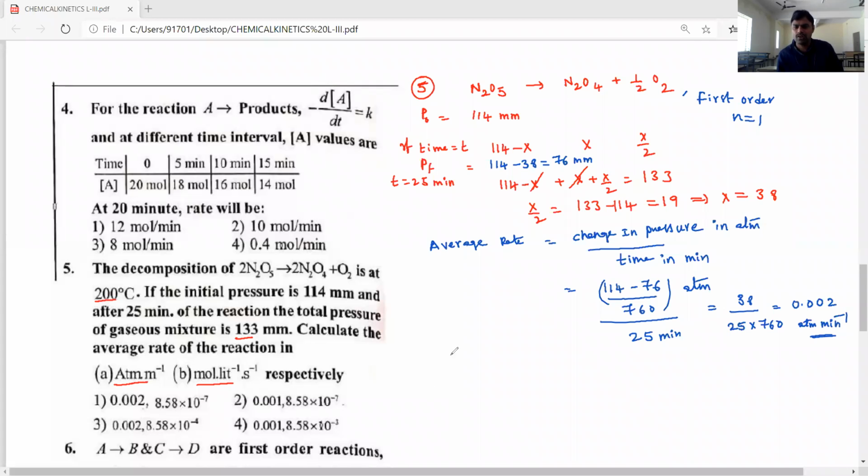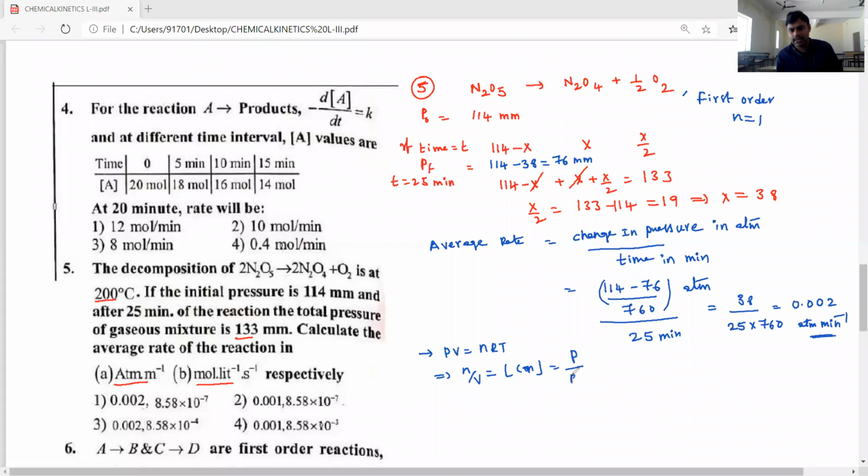But in terms of concentration, we need to express. We know that PV is equal to nRT. From this, n by V, the concentration, is equal to P by RT.